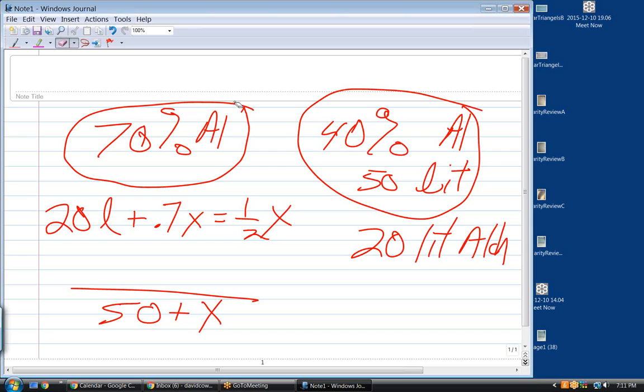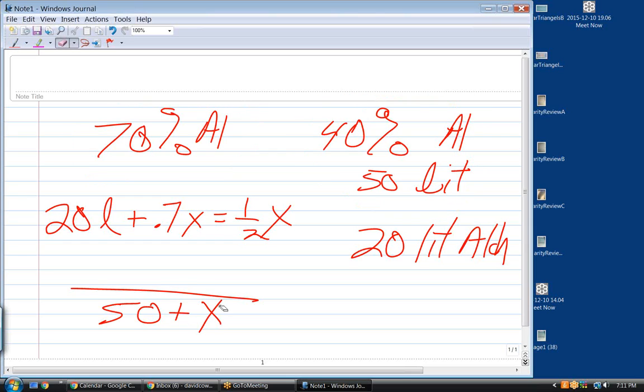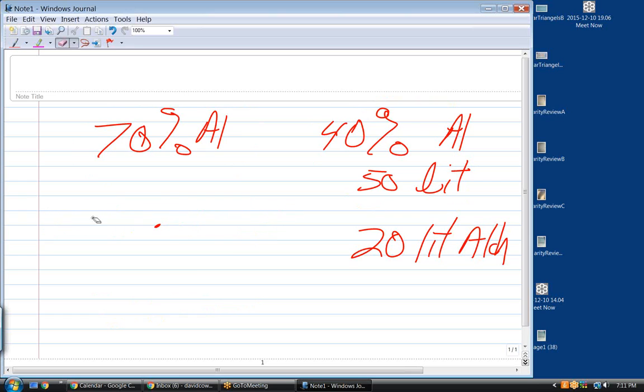Maybe I'm having trouble coming up with the equation, but I know I can do it on a kind of trial and error basis. Maybe that'll help me come up with the equation. So, if I added 50 liters, how much alcohol would I add? You'd have 35, right?